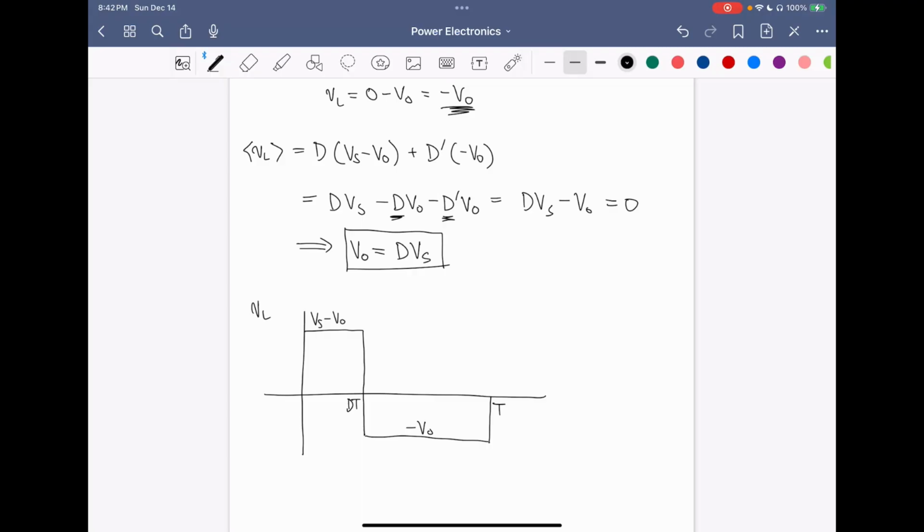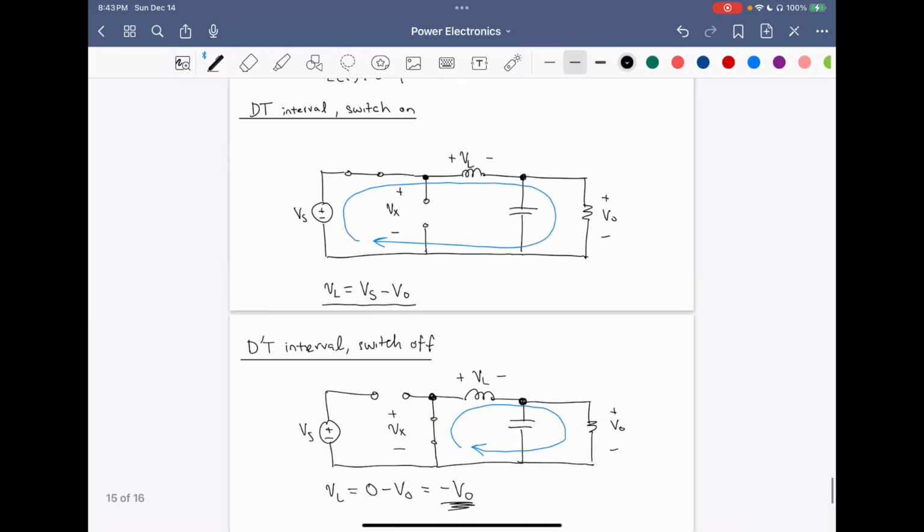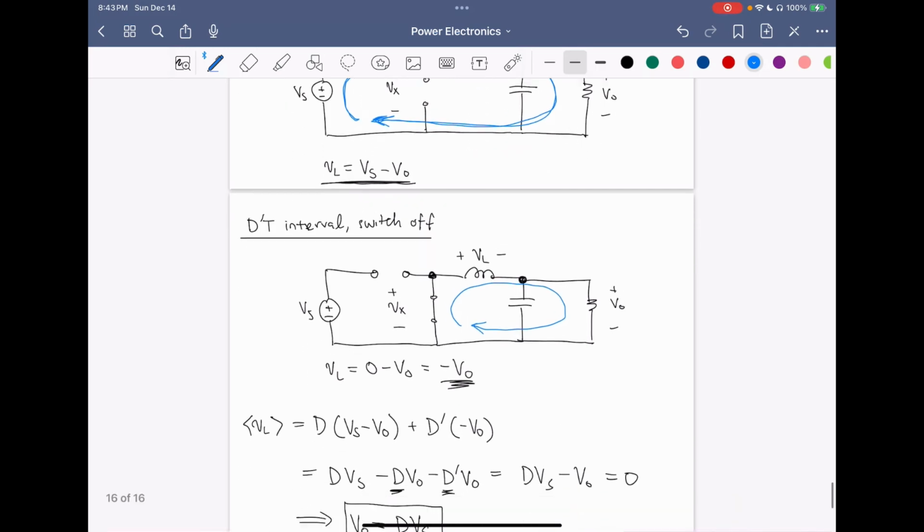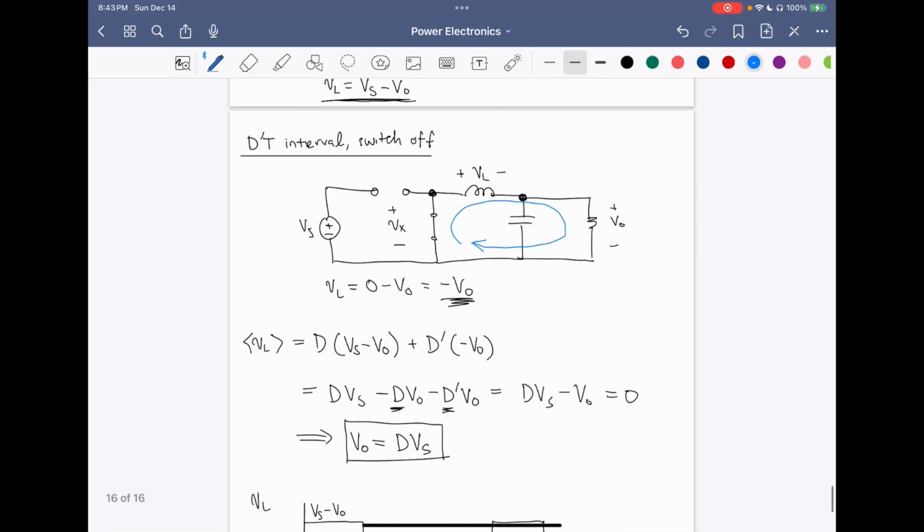What this means is that during the dt interval, because the inductor voltage is positive, the current through the inductor is overall increasing. So IL is going up. Because in the d prime t interval the voltage across the inductor is negative, the current through the inductor is going down.